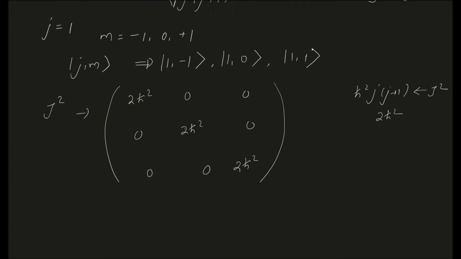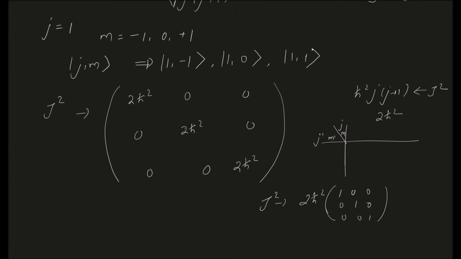Okay, so this can be written in a compact form. The j square matrix can be written as 2 h cross square into 1 0 0, 0 1 0, 0 0 1. Okay, so in this representation, when you write in the matrix form, we take our j and m values along this direction, and j prime m prime values along this direction.